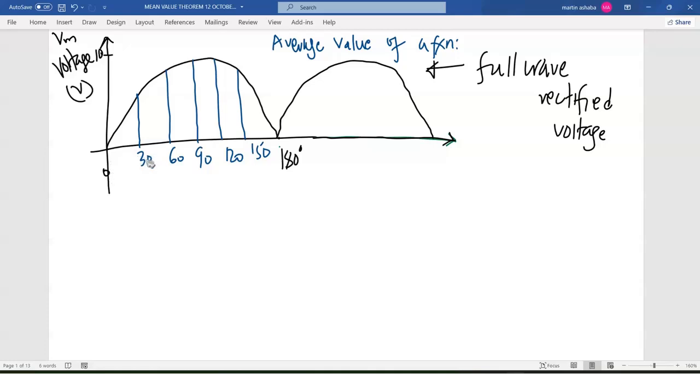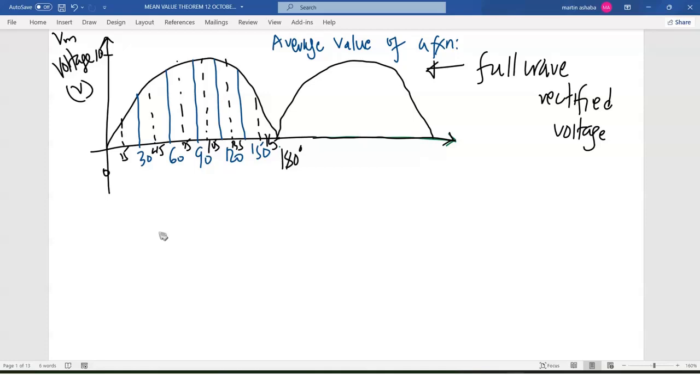if I divide 30 by 2, I will have 15. Then here I will have 45, here 75 degrees, here 105 degrees, here 135 degrees, and here 165 degrees.